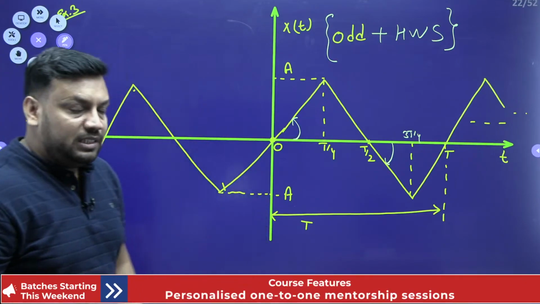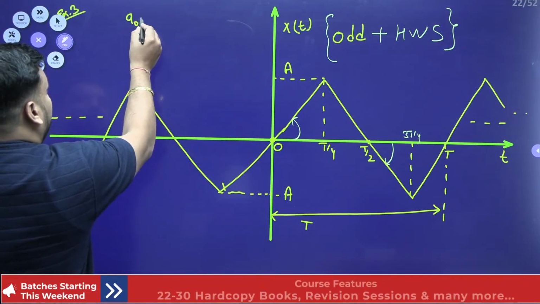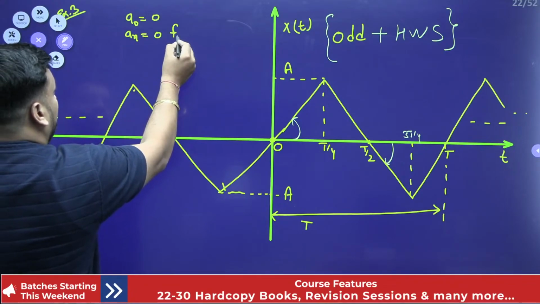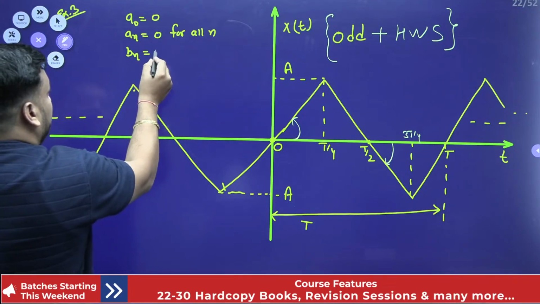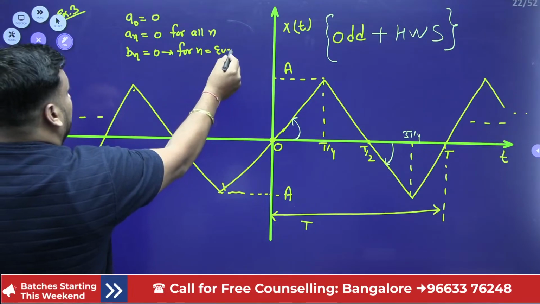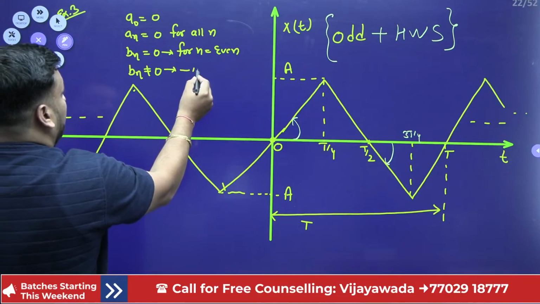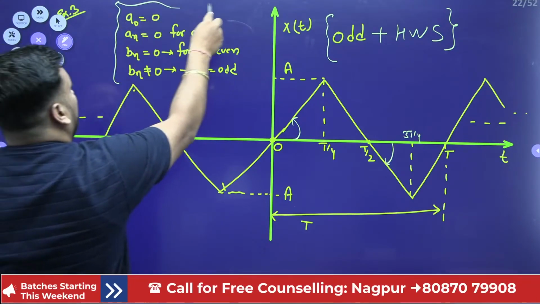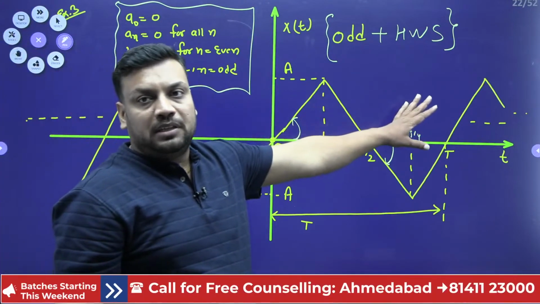Then tell me, what does the Fourier series contain? The average value A0 will be 0, An will be 100% 0 for all n, and Bn will be 0 for n even and Bn is not equal to 0 for n odd. This is our observation just by observing the diagram.